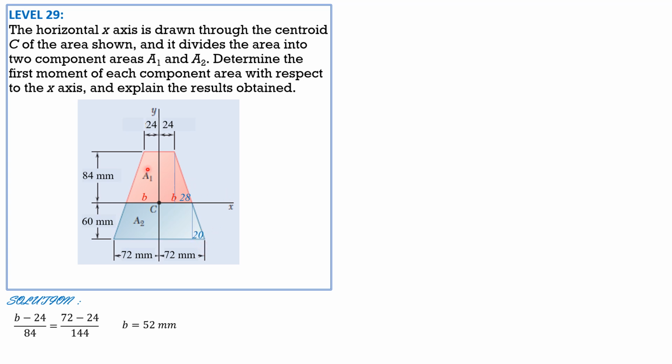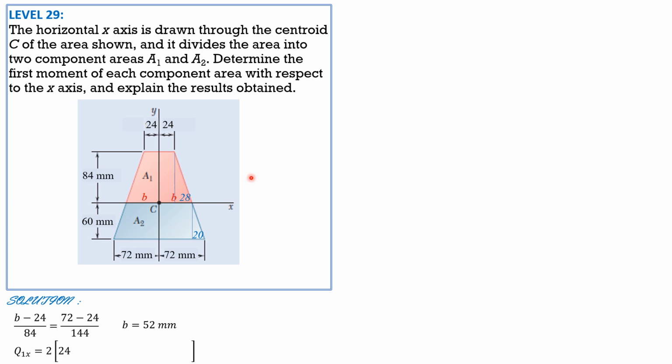So the first moment of this shaded area, red, would be 2 times 24 times 84 for the rectangle. Then the moment arm is half of 84, 42, plus the area of triangle 1/2 times 28 times 84, then 1/3 of 84 is 28 also.